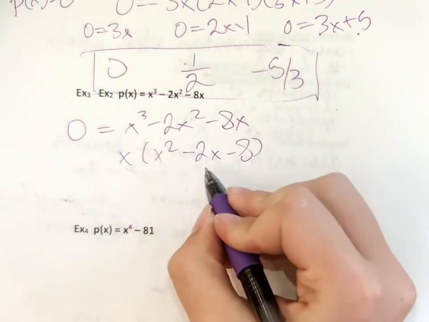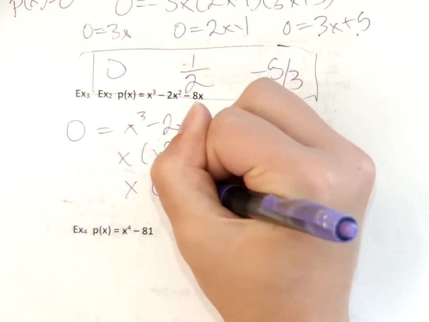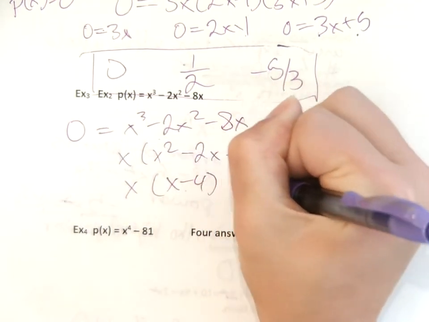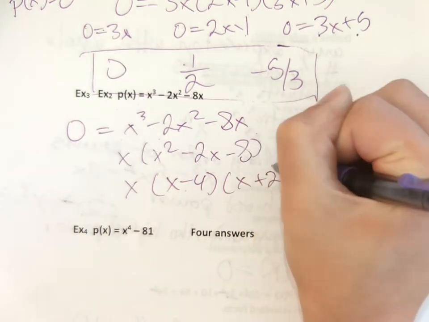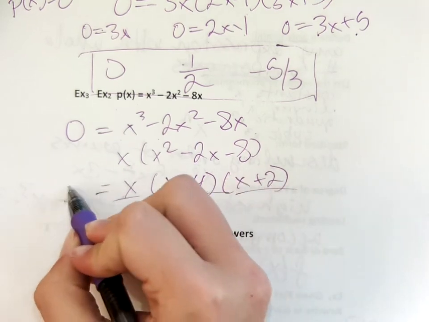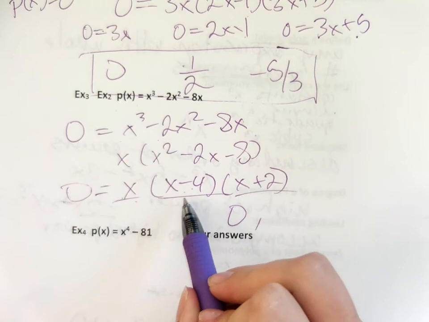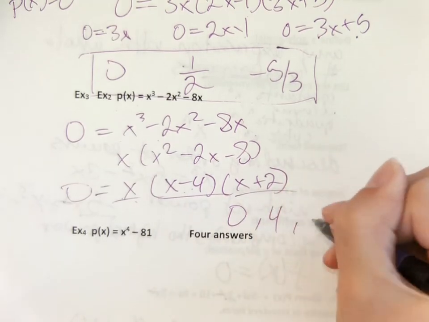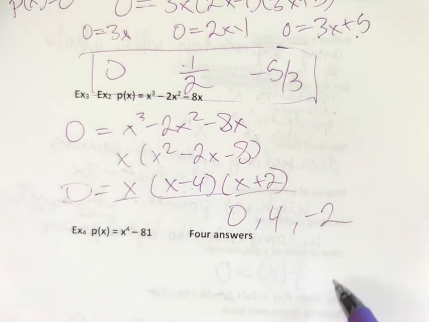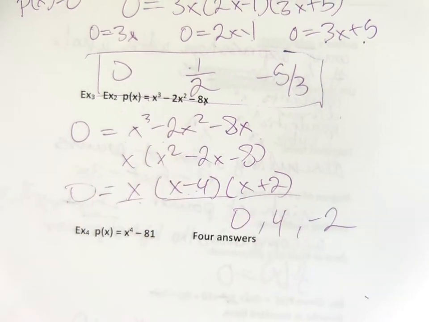And then you can factor it again into x, x minus 4, x plus 2. And then you have your 3 mini equations again. And you get 0, positive 4, and negative 2. Those are the zeros for this cubic function.